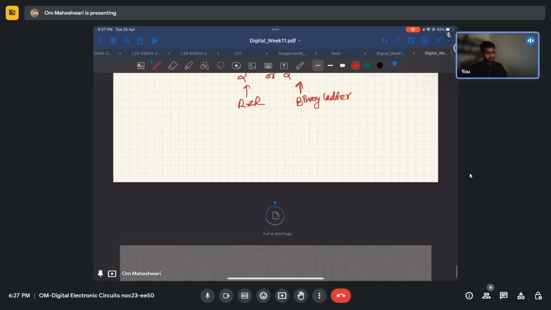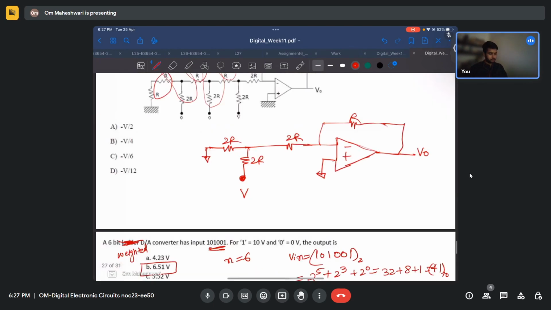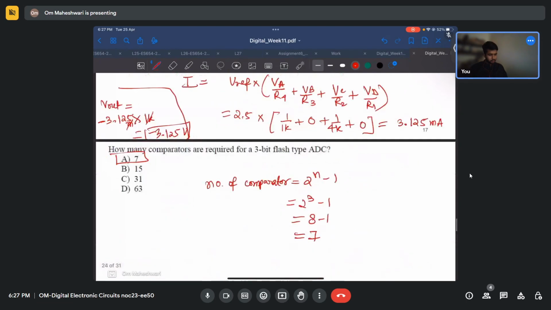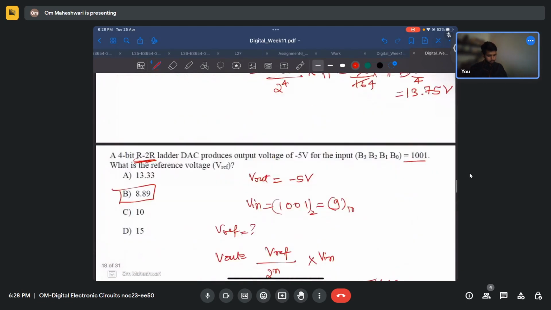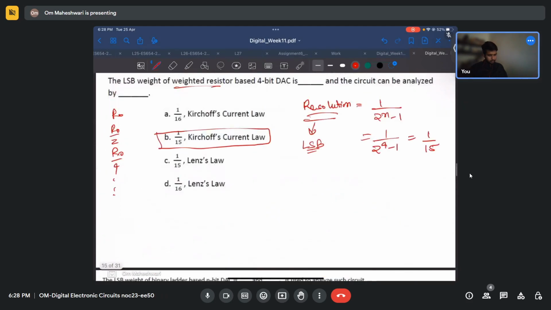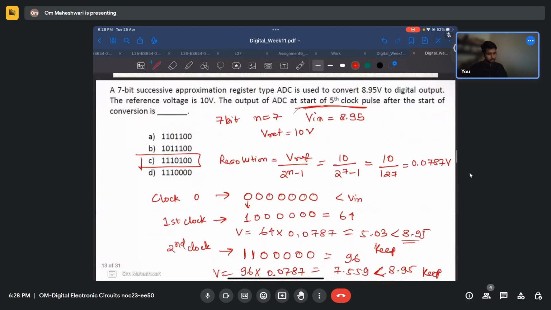So these are very basic. An interesting question that I find in DAC is this one. Successive approximation type ADC. So let us try to do this question.